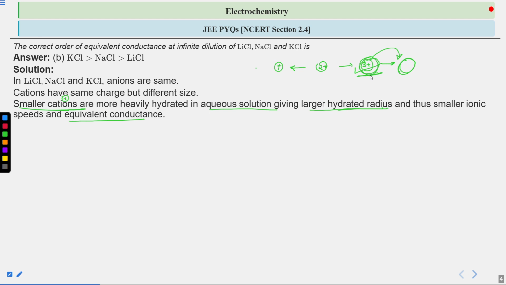That means their ionic speed will decrease due to the increased hydrated radius, and their equivalent conductance will also decrease due to the decrease of the ionic speed.